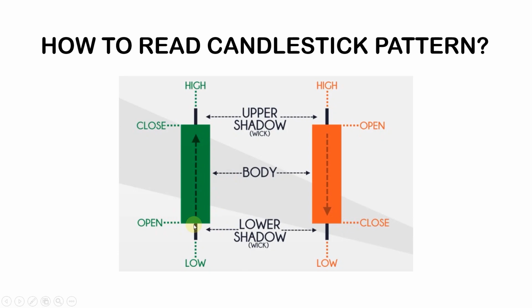So let us see how the candlestick pattern is read. If you assume the time is 10 a.m. right now, at 10 a.m. the price opens here and then sellers come into the picture and the price goes downwards. So this low is formed and this black part is called the wick, right here.